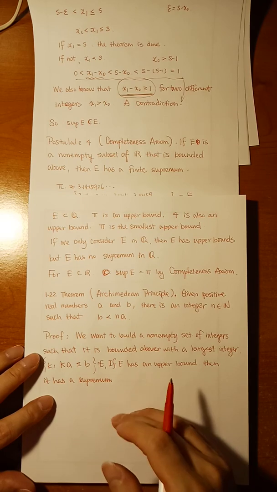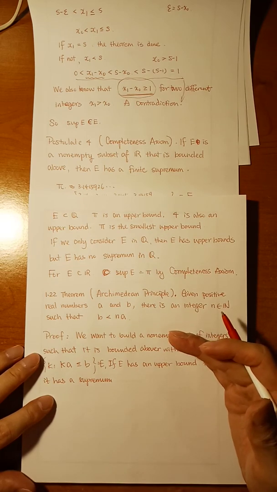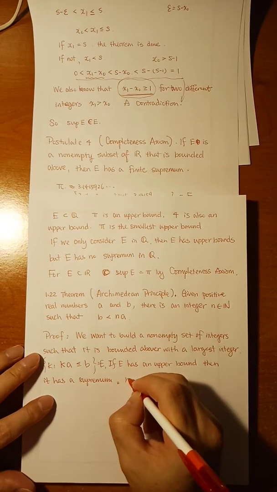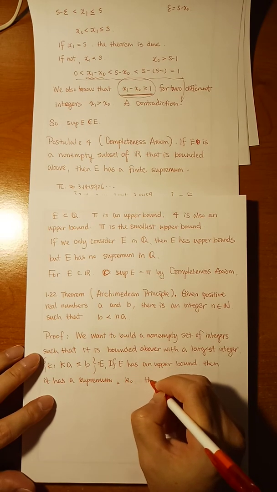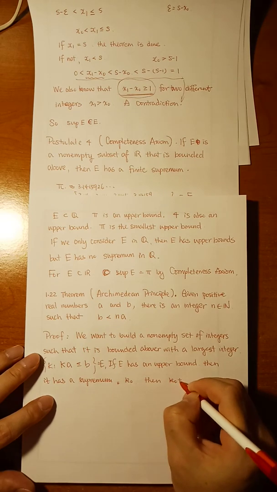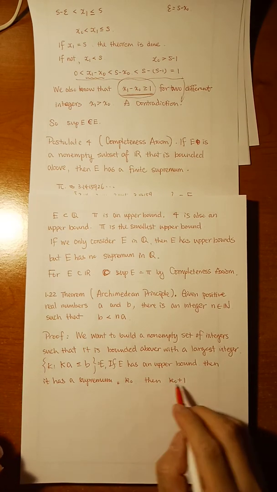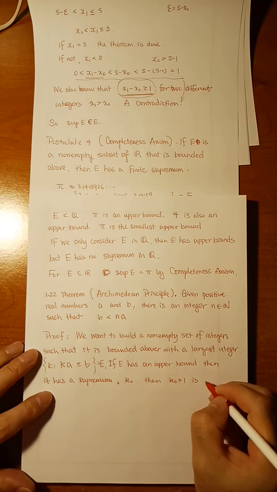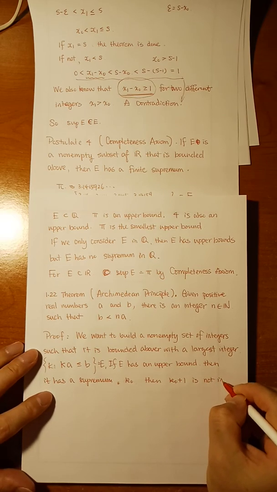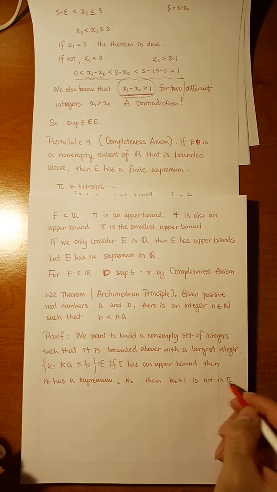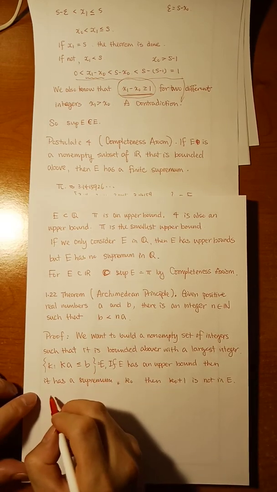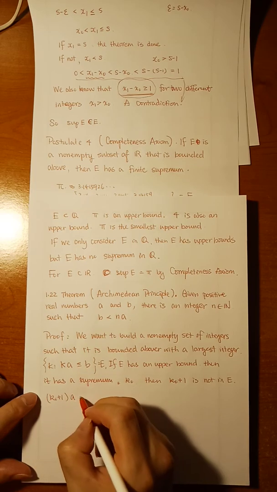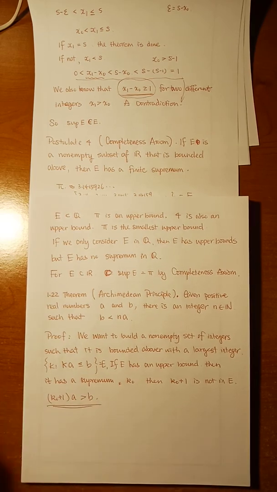You have a supremum, add 1. Then k0 plus 1 is not in E, so k0 plus 1 times A is not less than B, it's greater than B. And that's it.